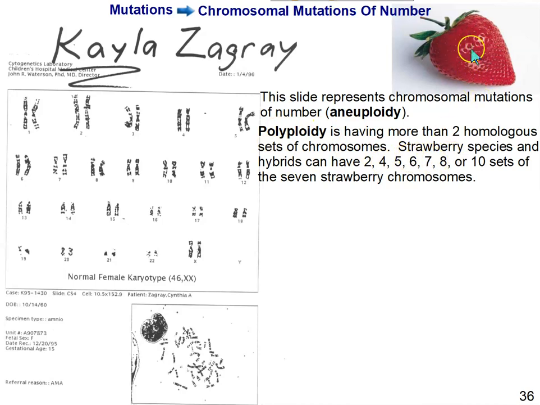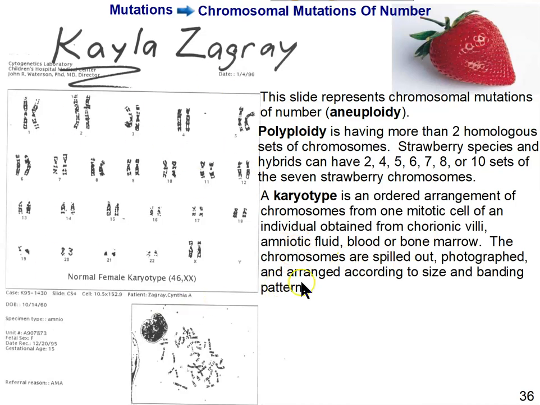And that's why strawberries grow so big, because they're polyploid. The little wild strawberries that are growing in my backyard, for example, are teeny compared to the ones that we grow and eat. And there have been strawberry species and hybrids and varieties that have anywhere from 2 to 4 to up to 10 sets of chromosomes. So that would be like a human having double, triple, quadruple the number of 46 chromosomes.